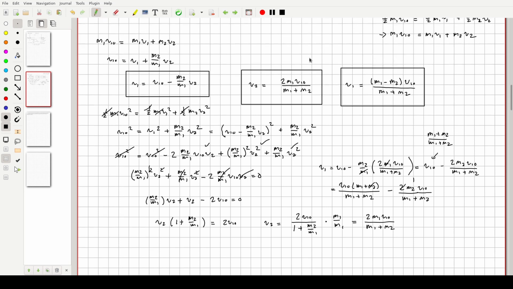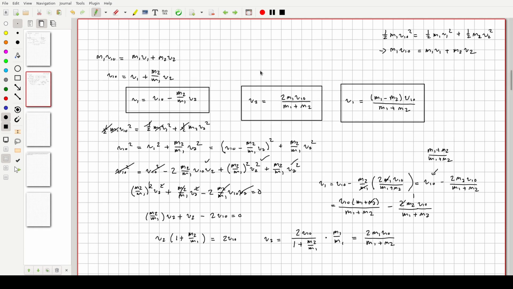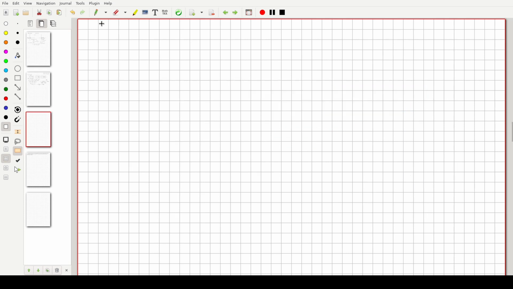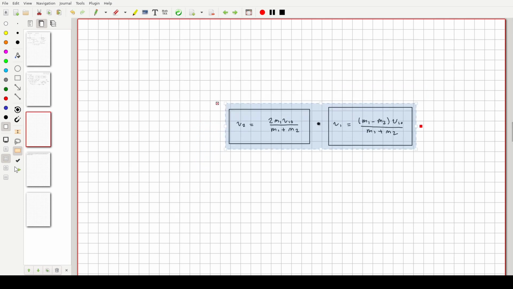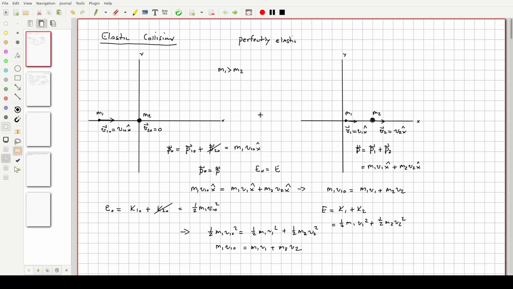Now, I want to be very clear about the conditions under which these were derived. Let me snag them real quick. So here are our equations that we came up with. And here's the problem.